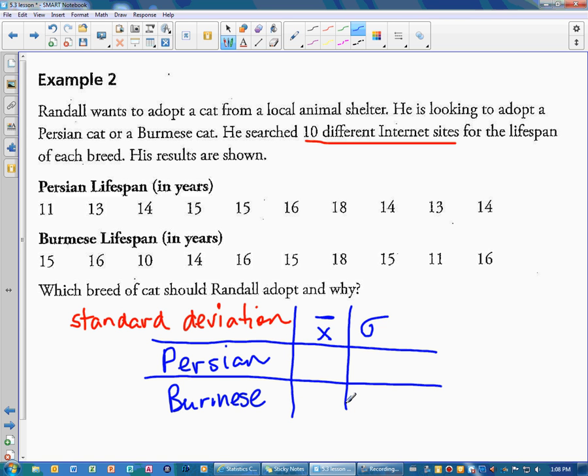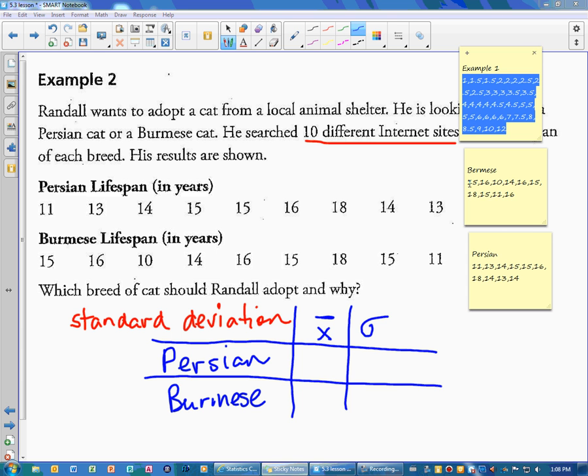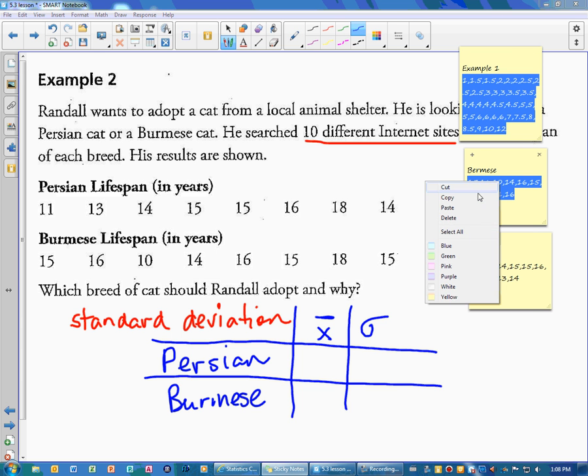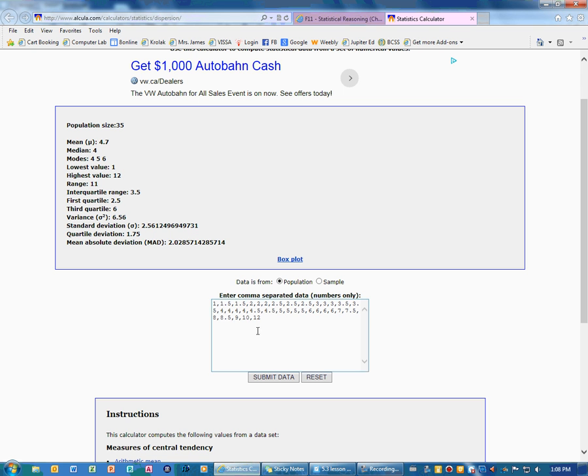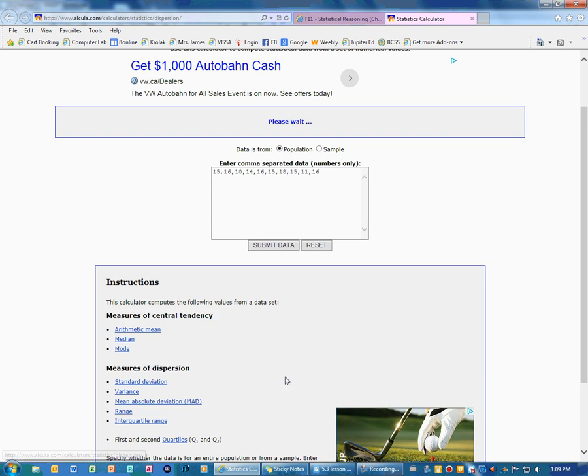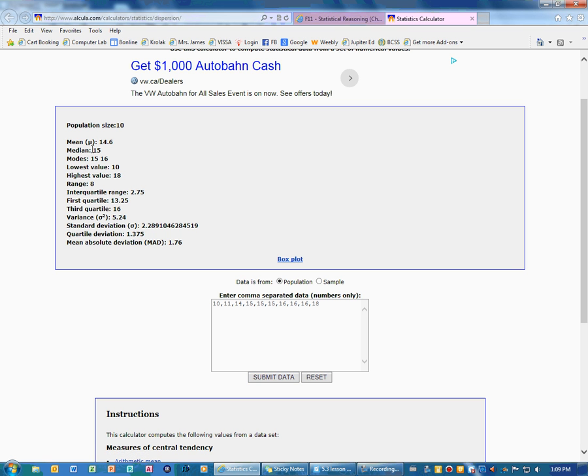Okay, so again, I have a sticky note. I typed out all of these numbers into my sticky note right here, just to save time. I'm going to go into my online calculator. And for those life lengths, the average or the mean is 14.6.